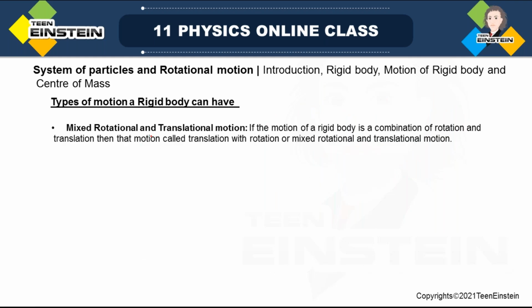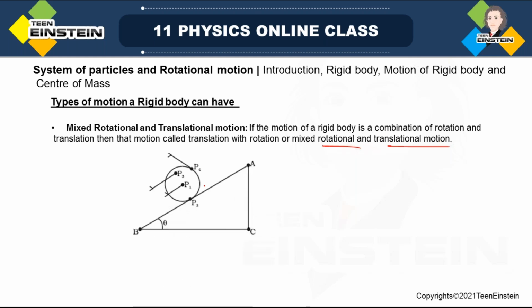There can be mixed rotational and translational motion as well. If the motion of a rigid body is a combination of rotation and translation, then the motion is called mixed rotational and translational motion. We will take up an example. Suppose you have a cylindrical object made of wood or metal.